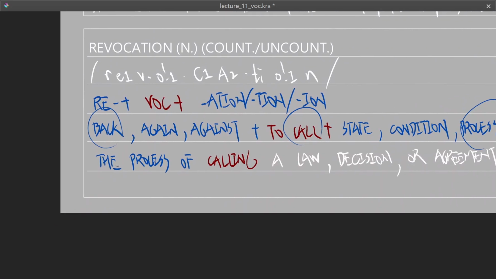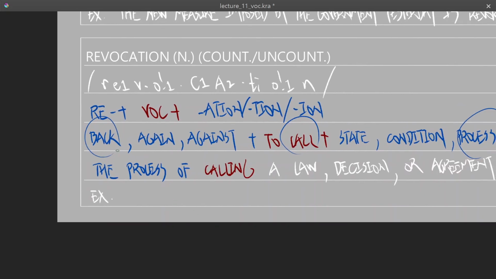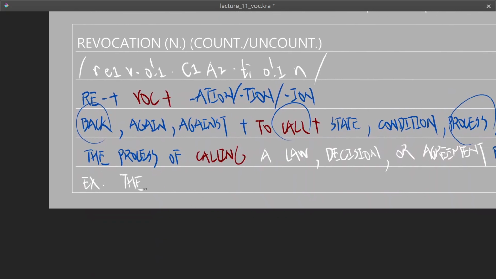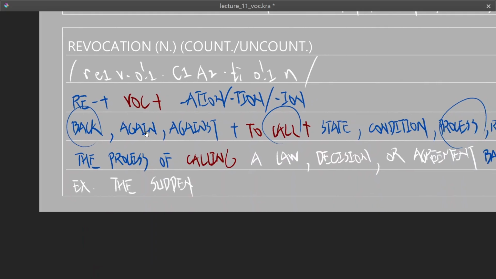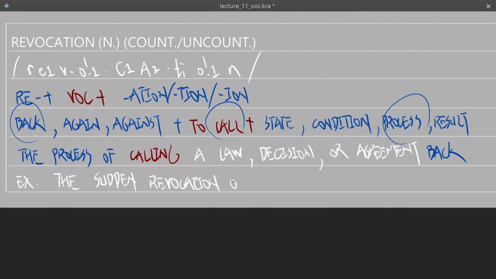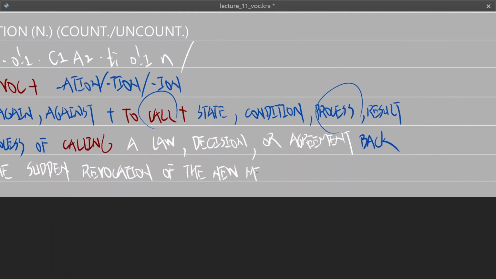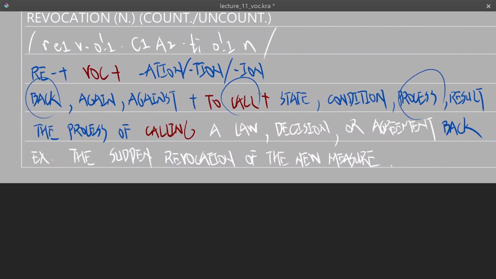So, for example, let's say the sudden revocation of the new measure imposed by the government. Right, the sudden revocation of the new measure.